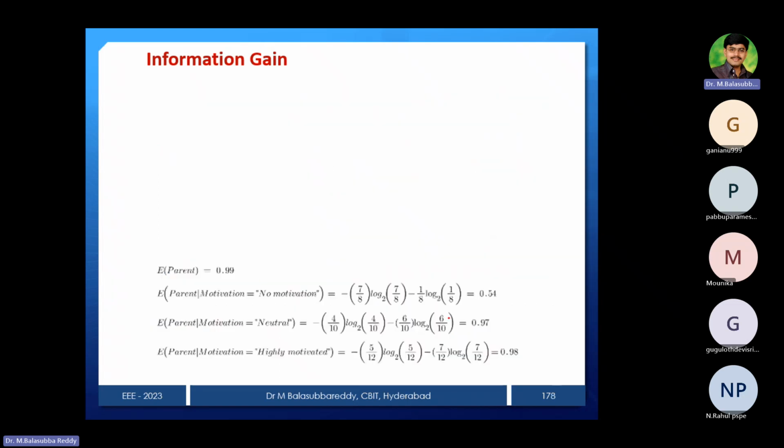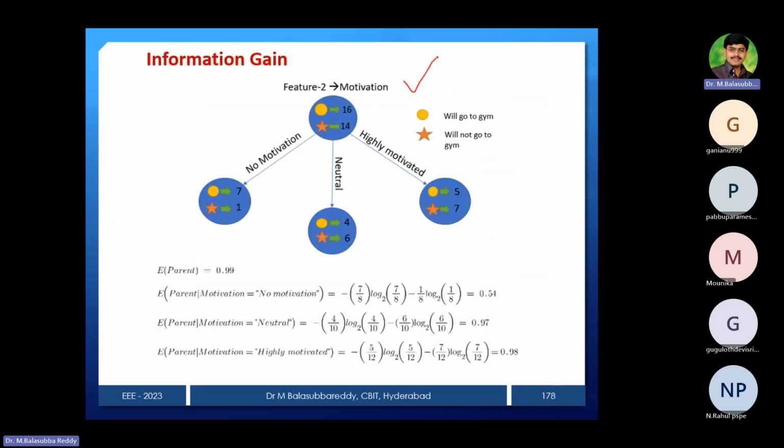So the next feature is motivation. Again, as per the problem, motivation is divided into three categories. In total, 16 members are going to the gym and 14 members will not go to the gym. These 16 and 14 are again divided based on their motivation.